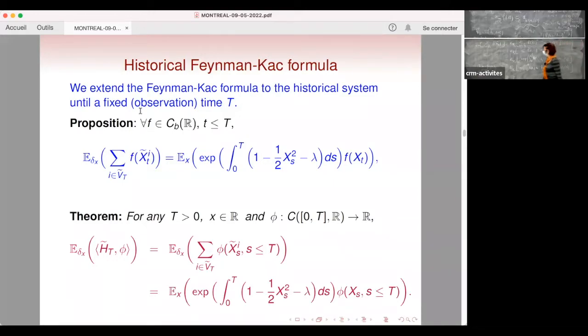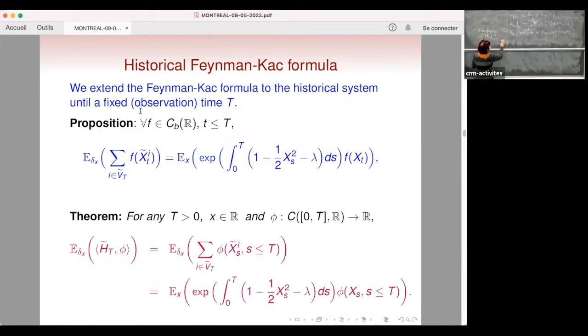Of course, it's easy to generalize it to a product of functions of this form with different times t1, t2, tn.